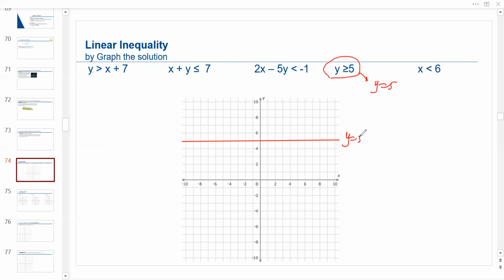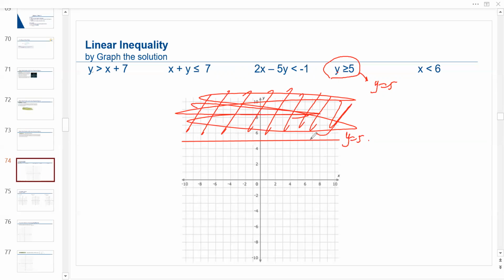So y greater or equal, it means this edge line should be solid. Y greater or equal, so it's the top part. Top part here. So this shadow includes this edge. If y is less than 5, it should be the bottom part.